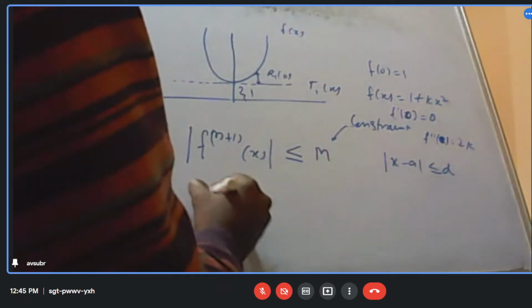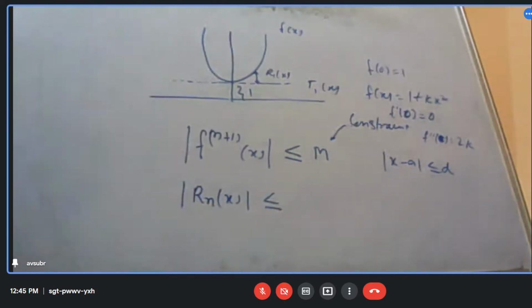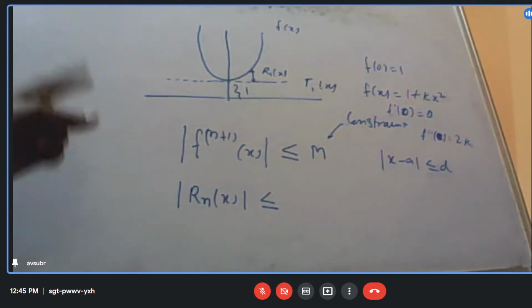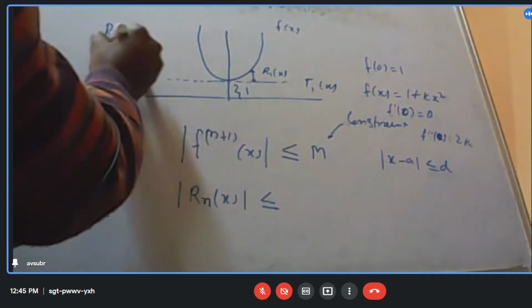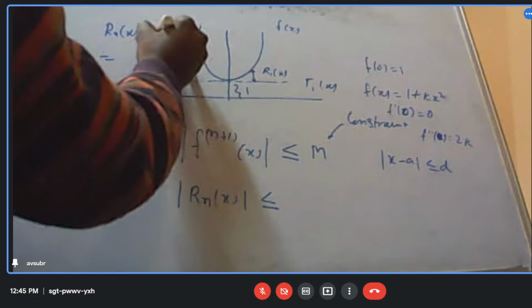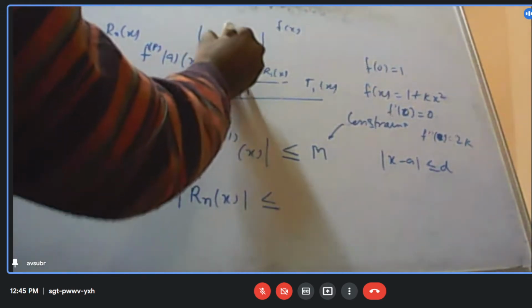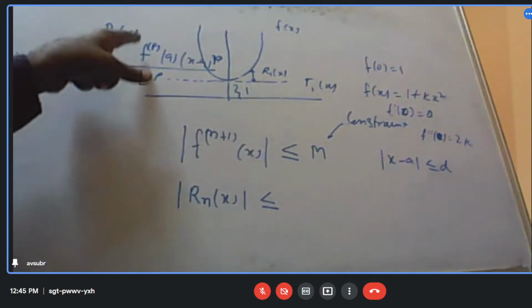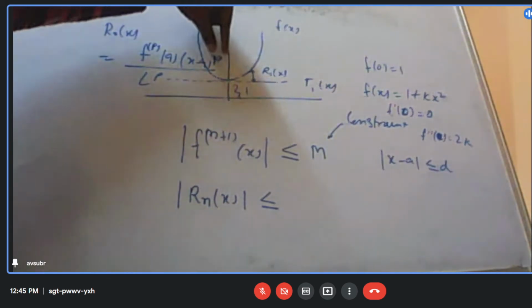Then my remainder will be given by, less than or equal to, the expression. If you look at the remainder expression, it was like this: the pth derivative at x equal to a, times x minus a to the power p, by factorial p.